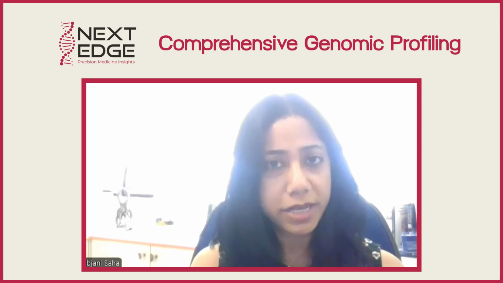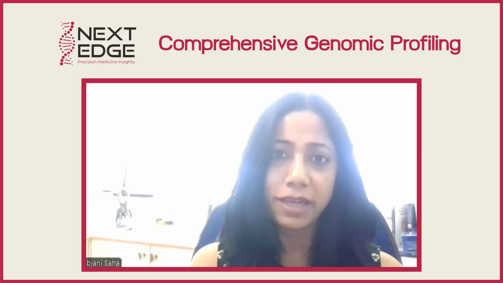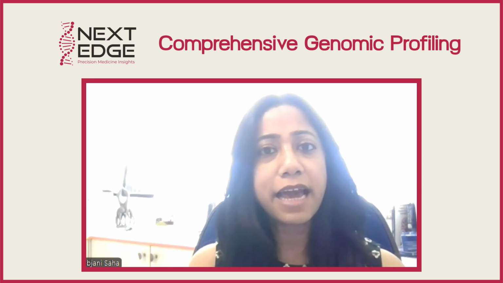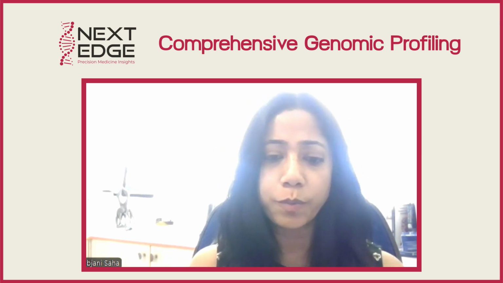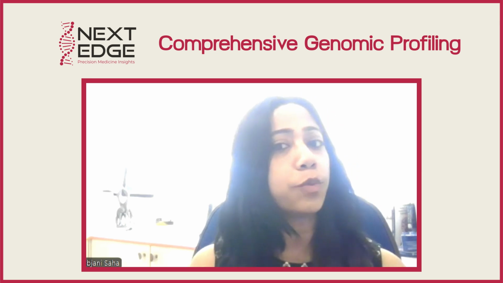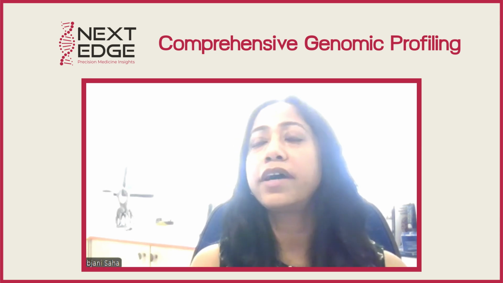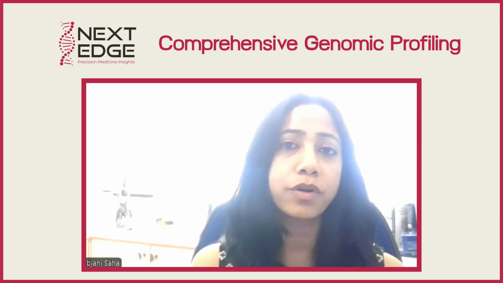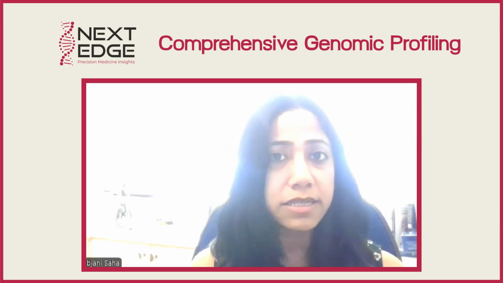Comprehensive genomic profiling, or CGP, is an advanced diagnostic technique which is used to analyze a completely wide range of alterations in a single test. It could be the entire genome, or large portions of it, analyzed to identify single point mutations, genomic rearrangements, amplifications, or any other genetic changes relevant to diseases, especially cancers.